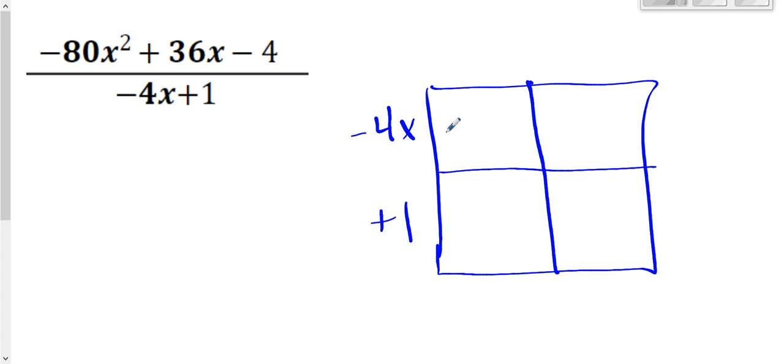And I know that negative 80x squared will belong here. So now I'm thinking of what would I need to multiply negative 4x by to get negative 80x squared. So I need to multiply by 20x.